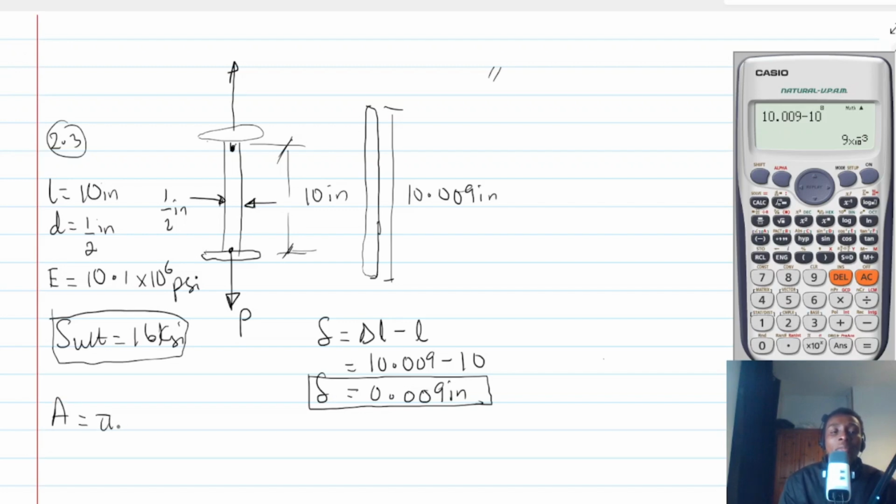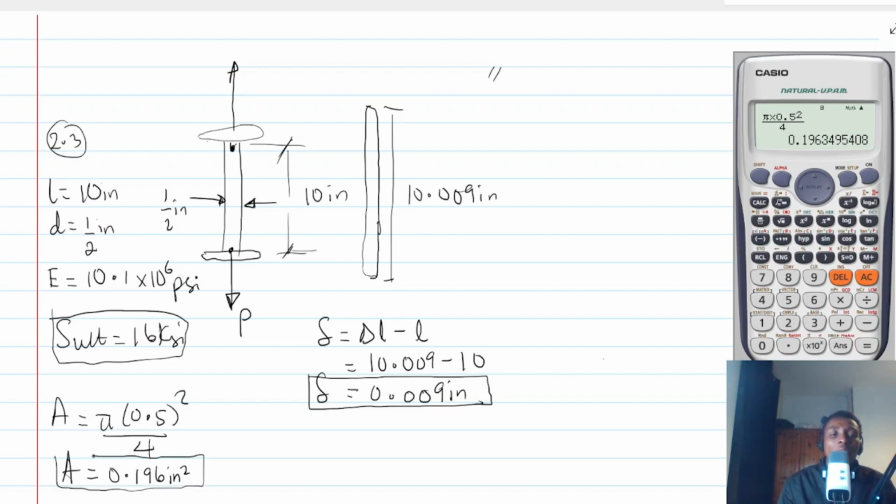It's going to be pi d squared over 4, with d equal to 0.5. So the area is pi multiplied by 0.5 squared over 4. What is this? 0.196 inch squared.